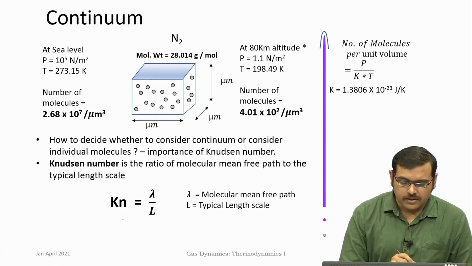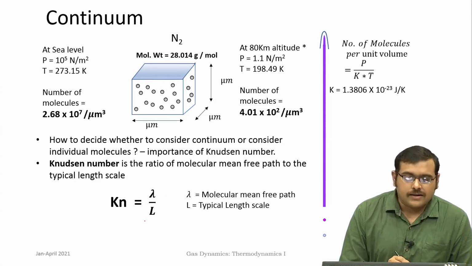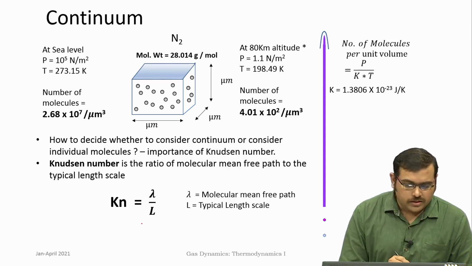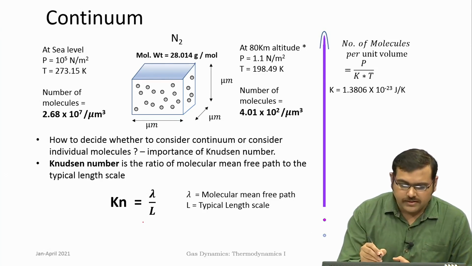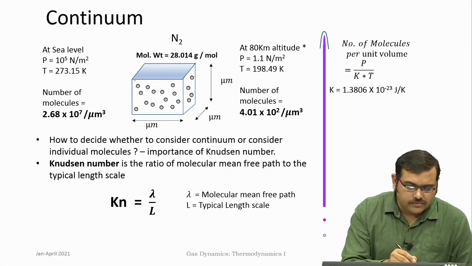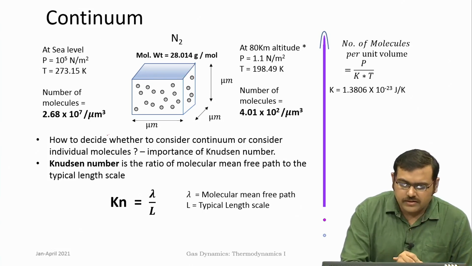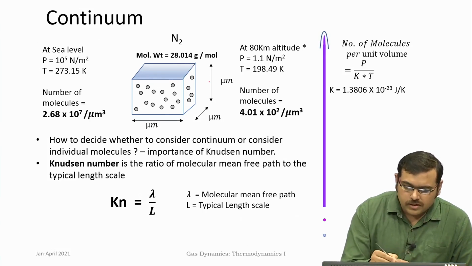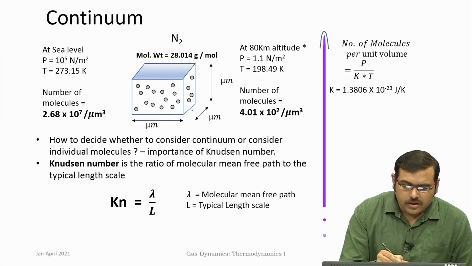The Knudsen number is the ratio of the molecular mean free path to the typical length scale that occurs in the flow. Okay. So, for example, the Knudsen number for a typical volume considered over here is about a cube of 1 cubic meter in dimensions.